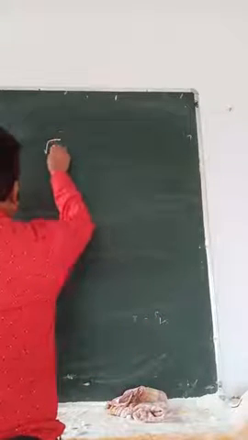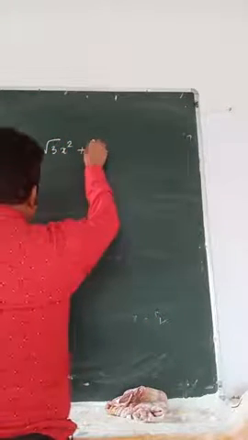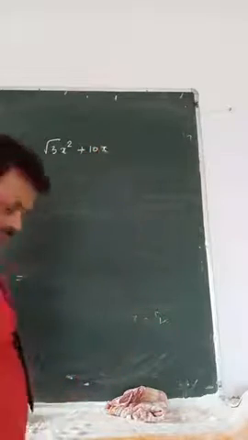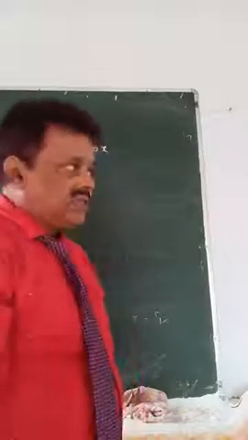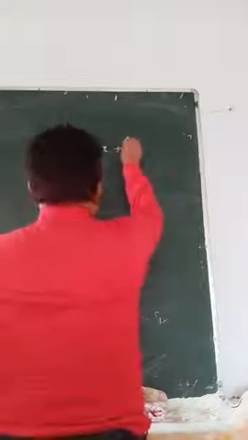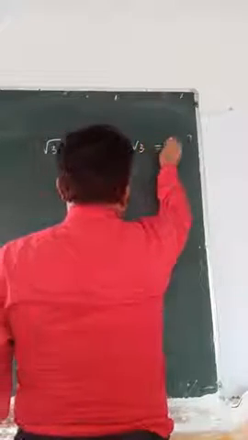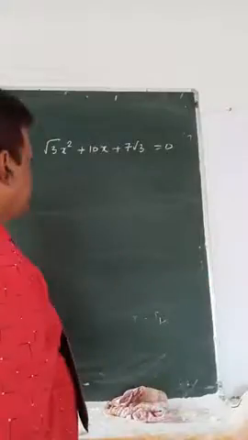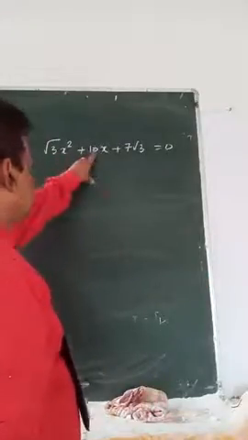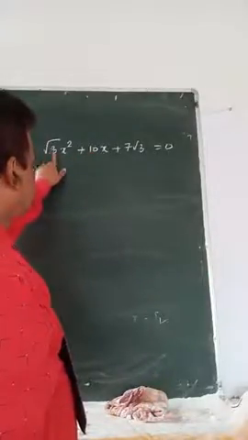Okay, let's take one more. Root 3 x square plus 10x plus 7 root 3 equals to 0. So what you have to do is, you have to remove this.